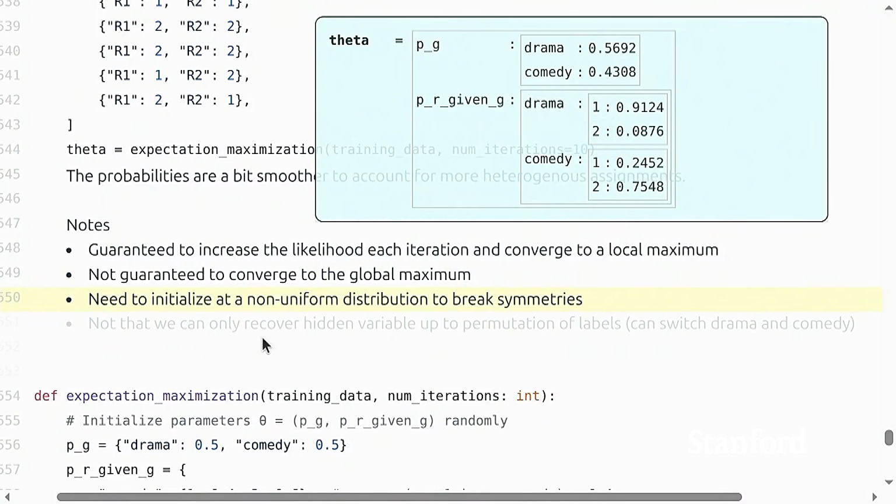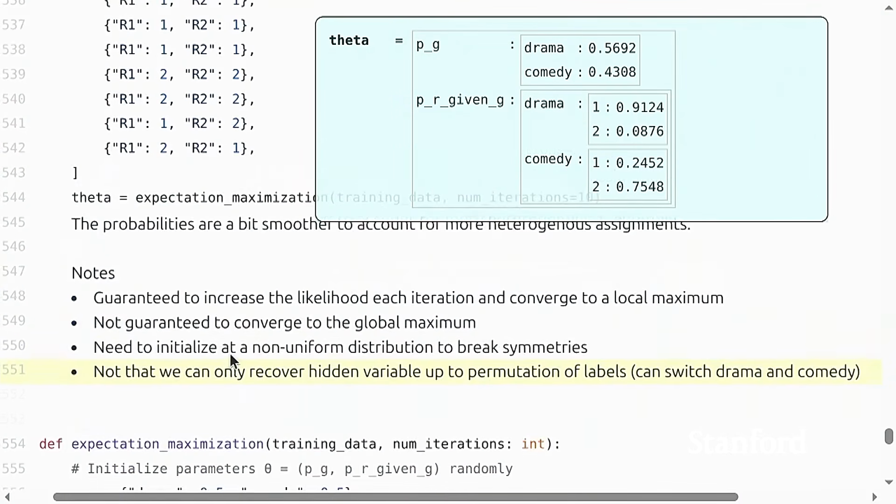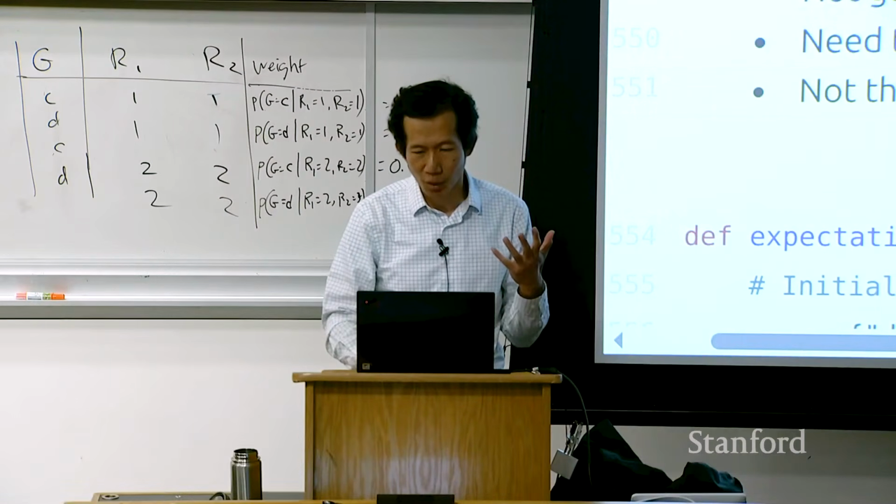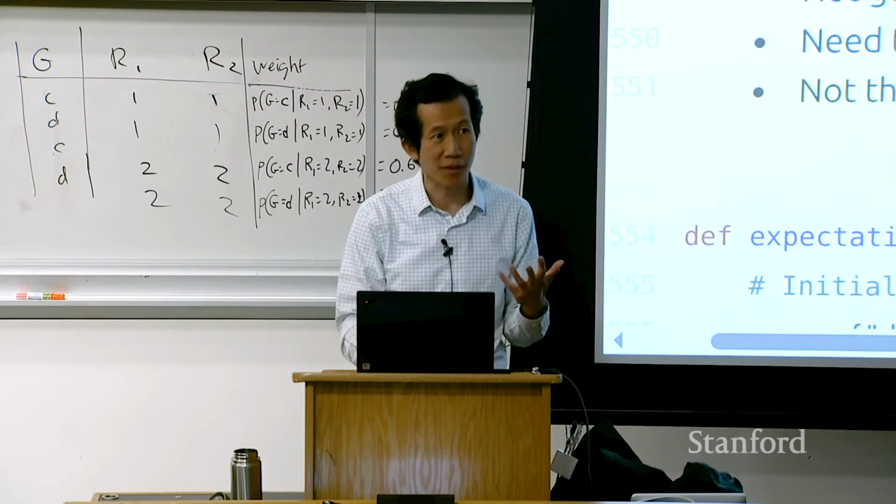And then the other caveat is that you can only recover the hidden variable up to the permutation of the labels, which means that in this case, if you switch the labels drama and comedy, you get the same likelihood of the data because these are just labels. So this is good for clustering where the labels don't really have necessarily semantic meaning.